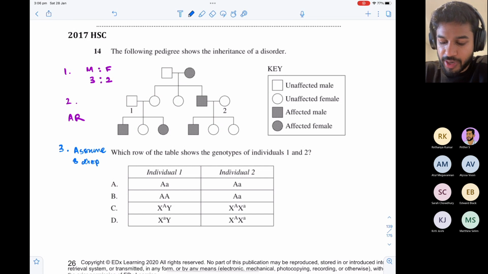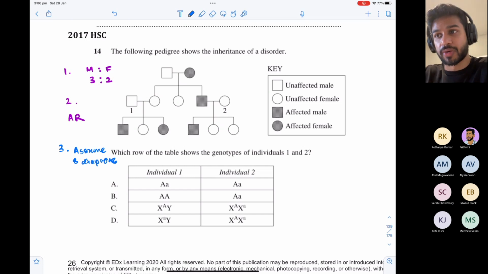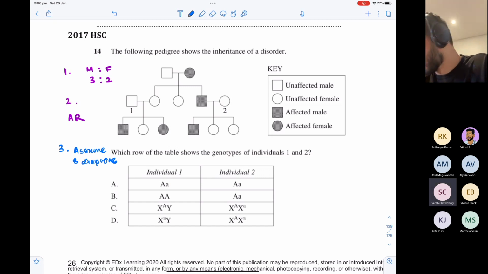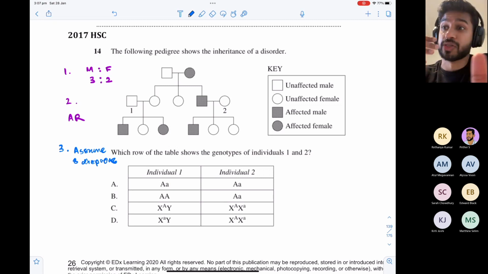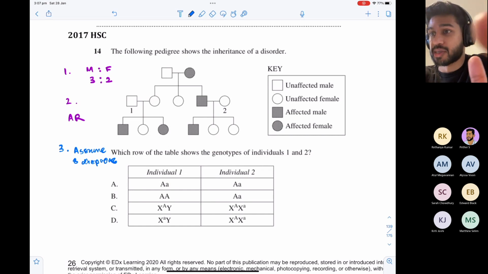Yeah, so what pattern of inheritance are you going to assume for this pedigree and see if it works? Think about this. For the first question, we said male to female is 3-2, right? There's no tendency for males to be affected, which would be in a sex-linked recessive condition. There's no tendency for more females to be affected, which is sex-linked dominant. So I'm not thinking sex-linked right now.